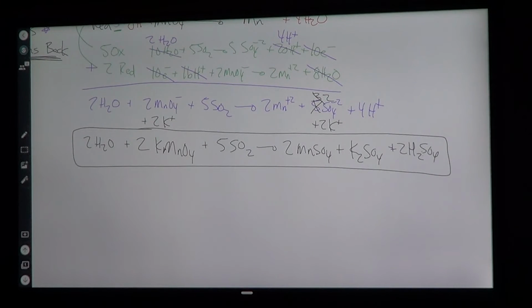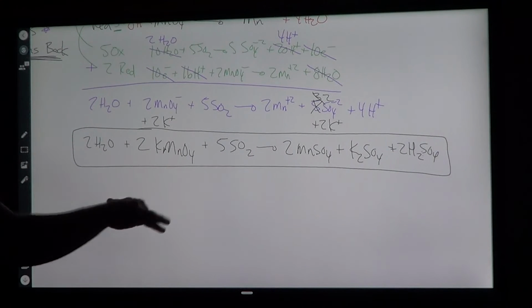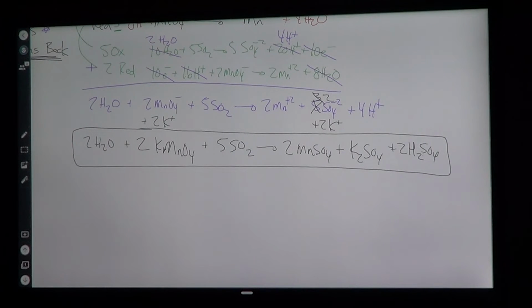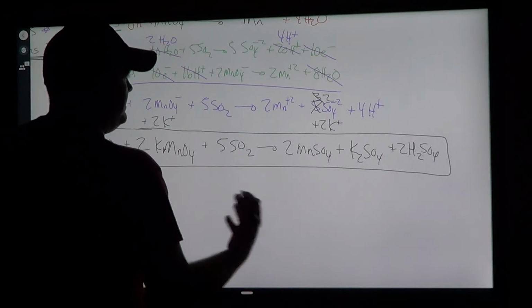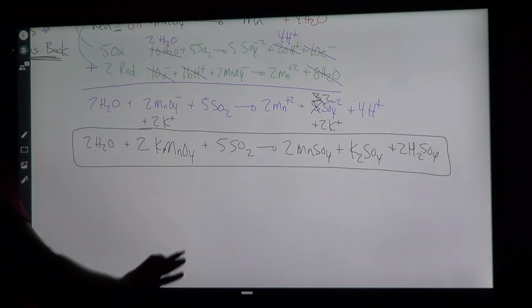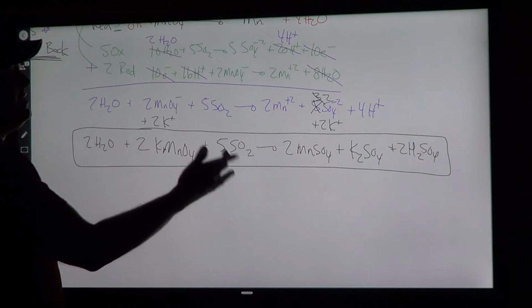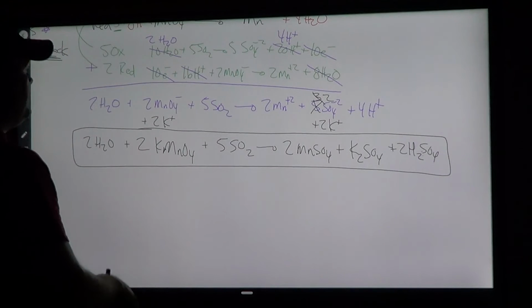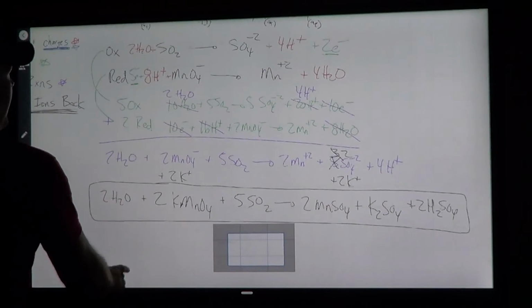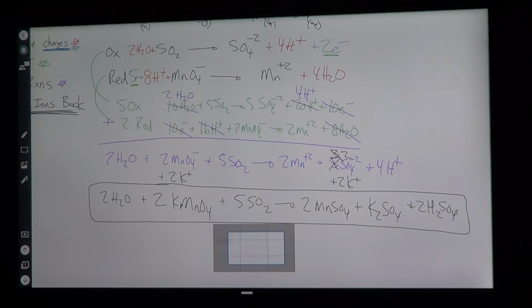Okay? We are going to do one more of these in basic solution. The basic solution one is the same sequence of steps, it's just you have to add OHs instead of H+ to it. So you're going to want to watch this video a couple times and walk yourself through it and follow along so that you can understand how to do it, and then next we're going to do it in a basic solution.